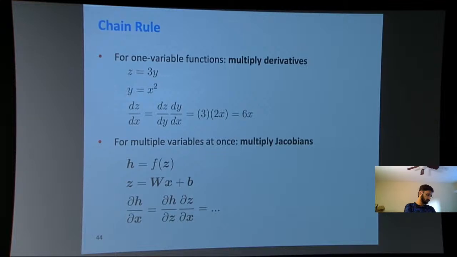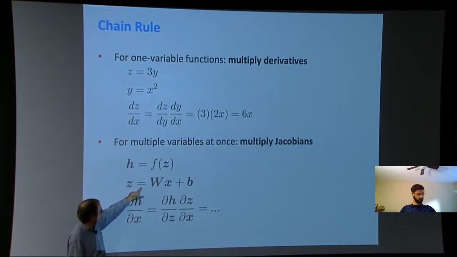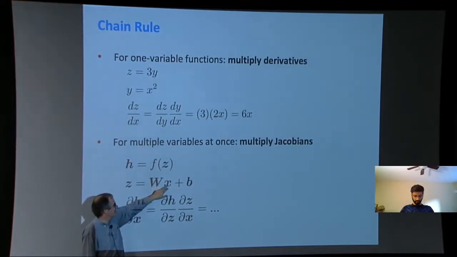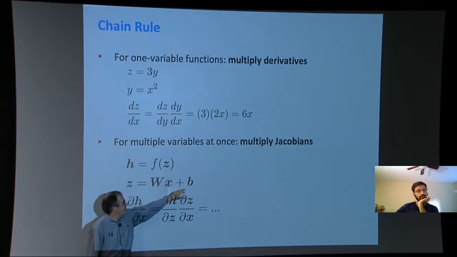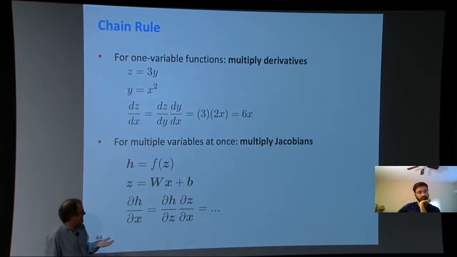Okay, this bit then gets a little bit freakier, but it's true. If you have lots of variables at once, you simply multiply the Jacobians and you get the right answer. So imagine our typical neural net layer, where we have our weight matrix multiplied by our input vector plus the bias, and then we put it through a nonlinearity.